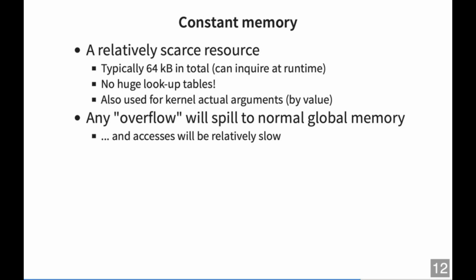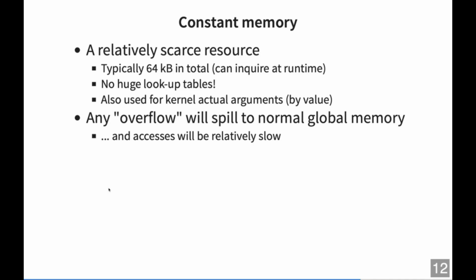So in times past, if you had a kernel function with an immensely long argument list, you could actually run out of constant memory because you had too little constant memory to accommodate the arguments.